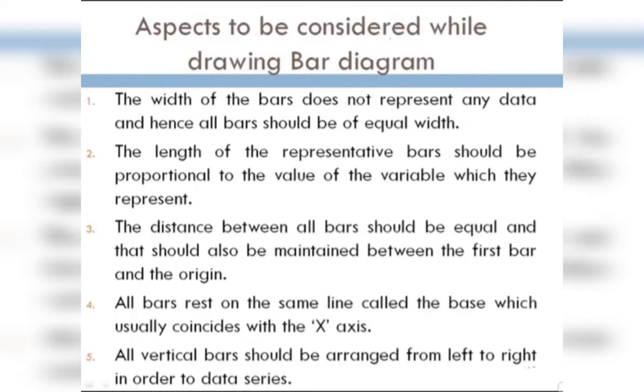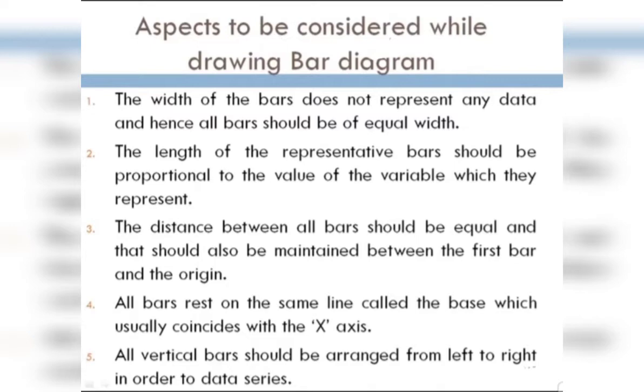The fourth one, all the bars rest on the same line called the base line, that is, the x-axis is your baseline, usually coinciding with the x-axis. This is the fourth point. And the fifth one is all vertical bars should be arranged from left to right in order of the data series. Whenever you are drawing the vertical bars, they are arranged from left to right.